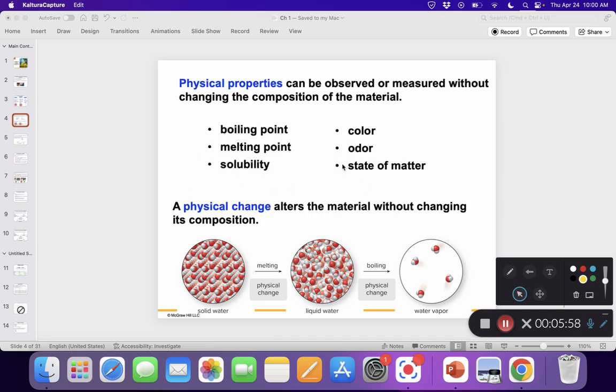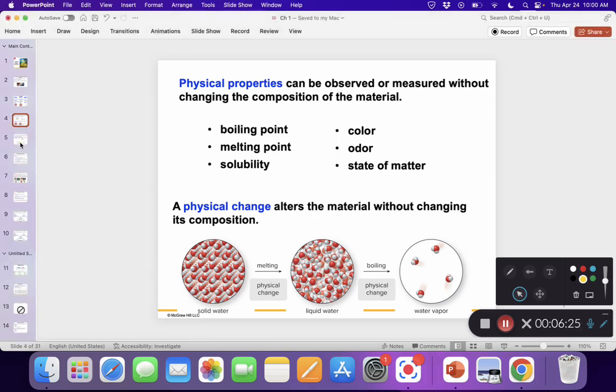If you cut a long rope into small pieces, that is just a physical change. If you break a mirror into small pieces, we have a physical change.